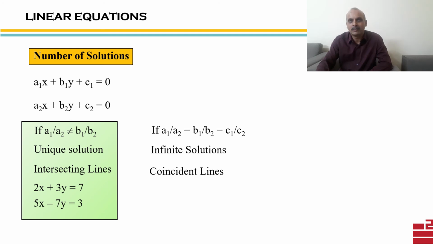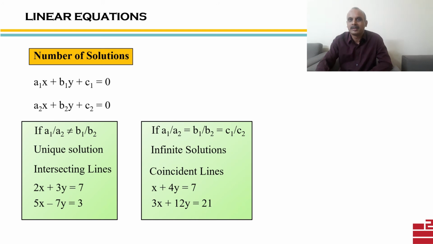And graphically also we have seen that they lead to coincident lines, and that was why we had infinite solutions. Example, same example I am taking here. So you should recall that this is the example we took, where we saw that the graphs of these were straight lines which were coincident, and so there were infinite solutions.